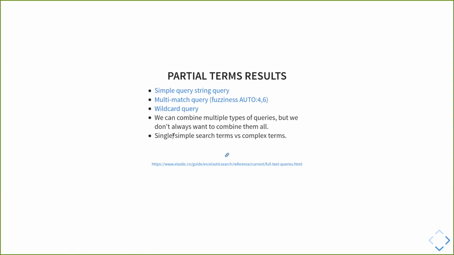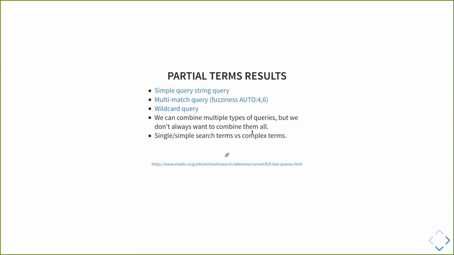A simple term search is a query that doesn't have the syntax from the simple query string query, so in that case we use this type of query. And complex terms are the queries that have the syntax from the simple query string query.